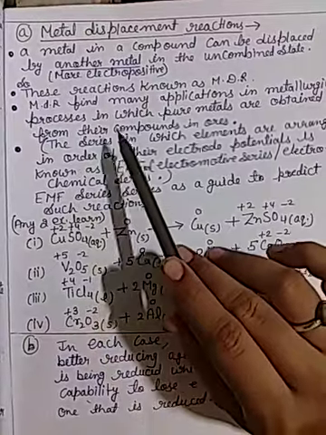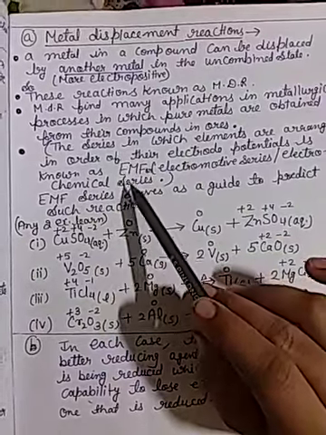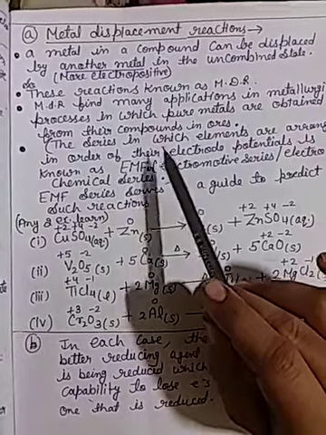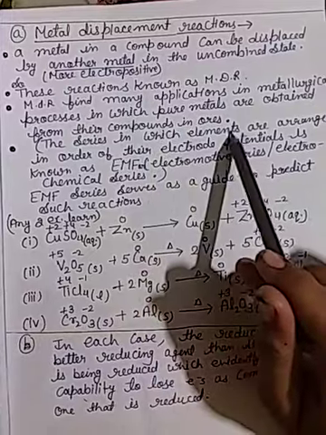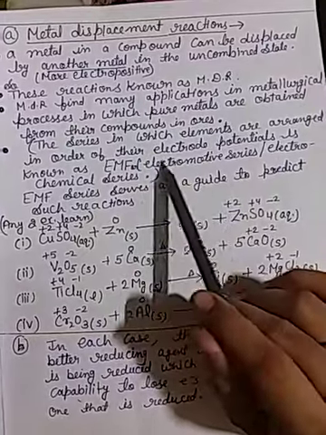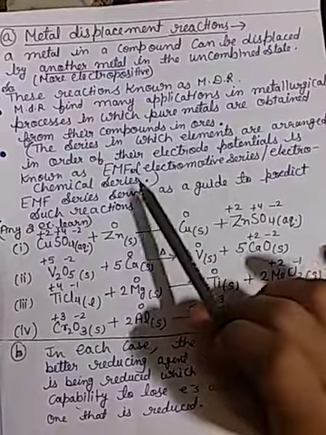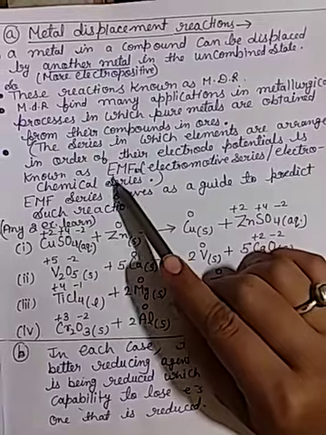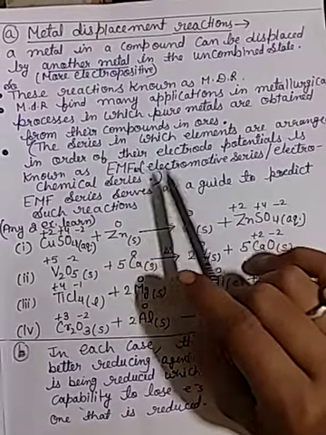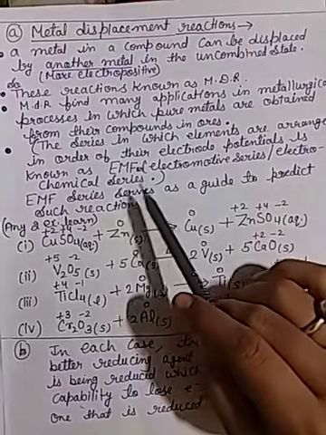Metal displacement also follows a series. Which series? The series in which elements are arranged in order of their electrode potentials, known as the EMF series, electromotive series, or electrochemical series.